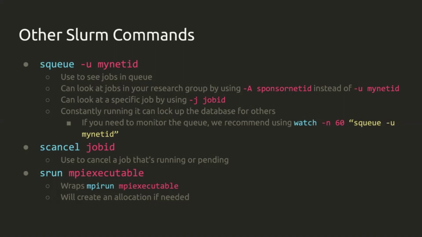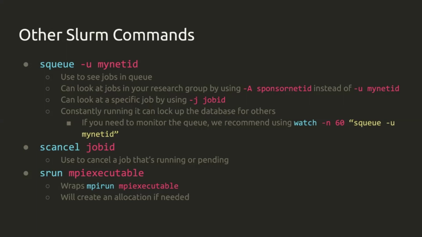One concern that we do have, though, is that we have had some instances where users run squeue periodically every second or so, and squeue talks directly to Slurm to get the information that it needs. Running it constantly like that can actually lock up the database for other users, including Slurm itself.